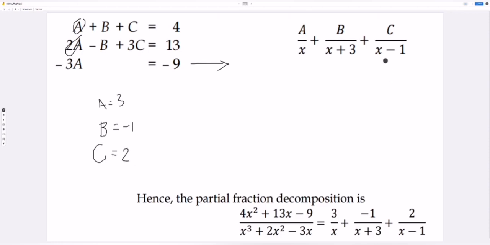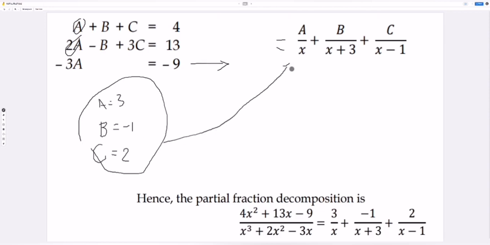After that, you need to substitute a, b, and c into the partial fraction decomposition that you had last time.